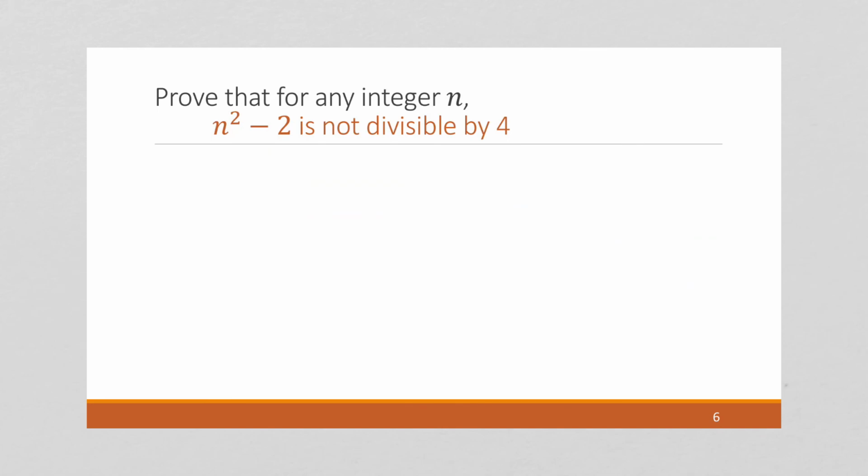So, we said to suppose that n squared minus 2 equaled 4k, and then we said that n cannot be even.